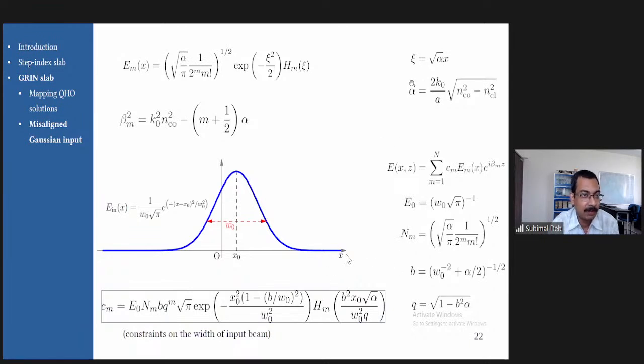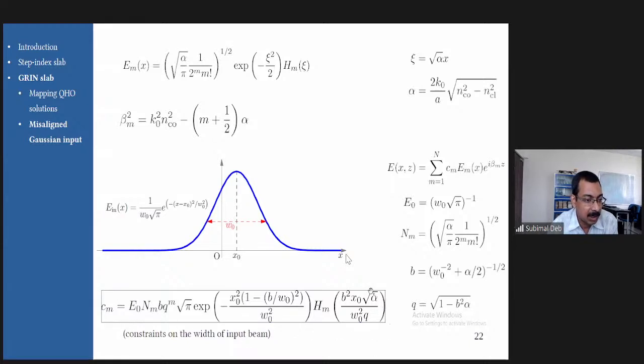In fact, alpha is also related to the width of the fundamental mode of this waveguide. Alpha by 2 happens to be 1 by WF squared, and that overlap integral of the input field with the modes of the waveguide will yield these coupling coefficients.